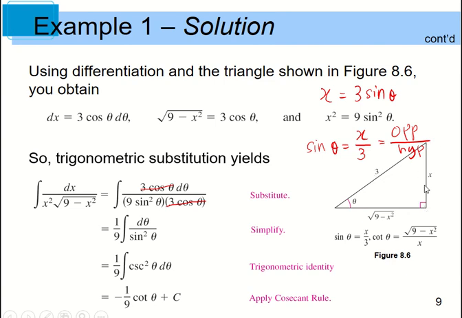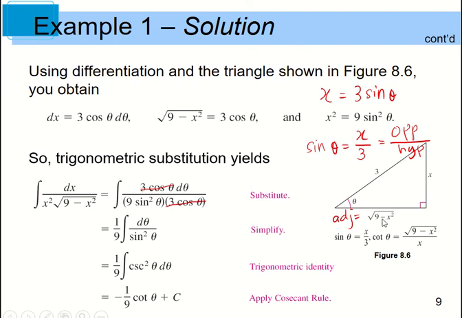So the length of this line is x, and the length of the hypotenuse is 3. Then we can use the Pythagoras theorem. The adjacent will be the square root of 3 square minus x square.